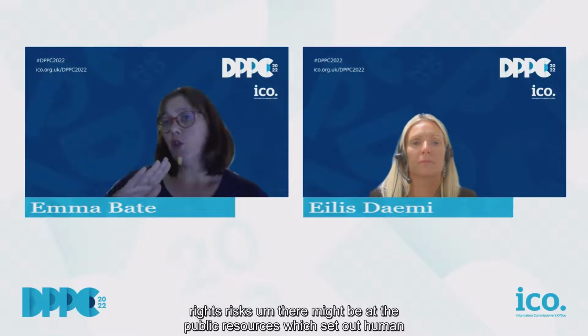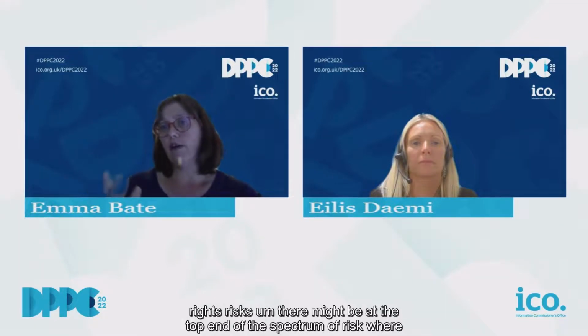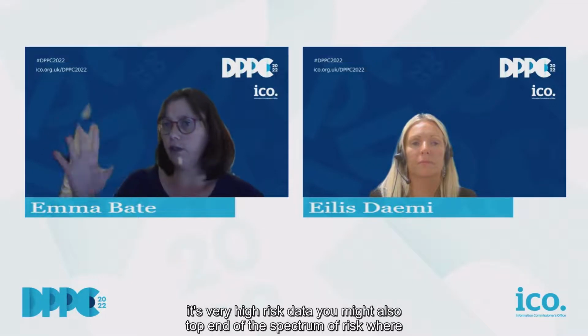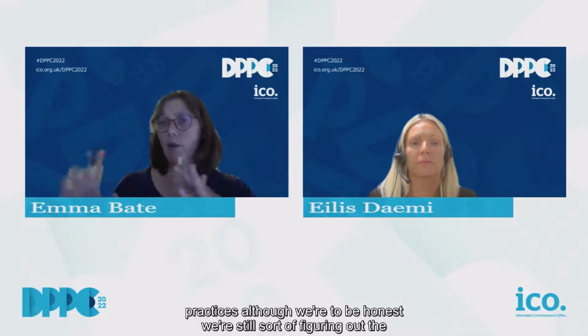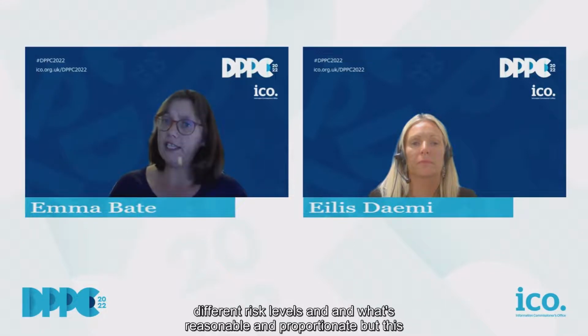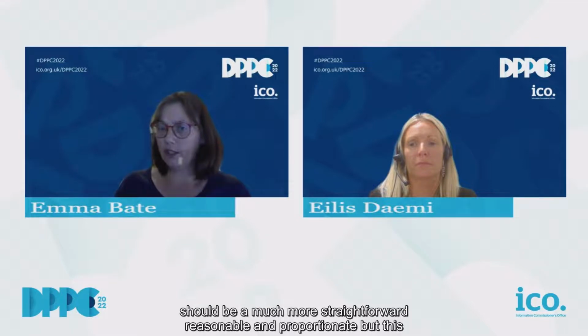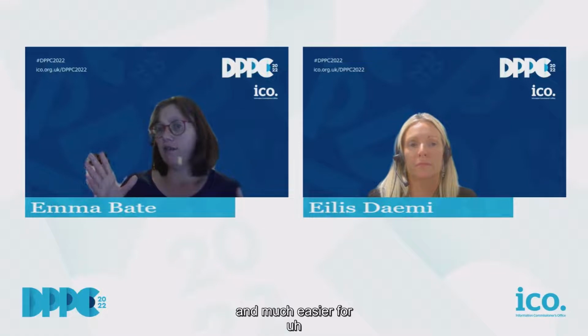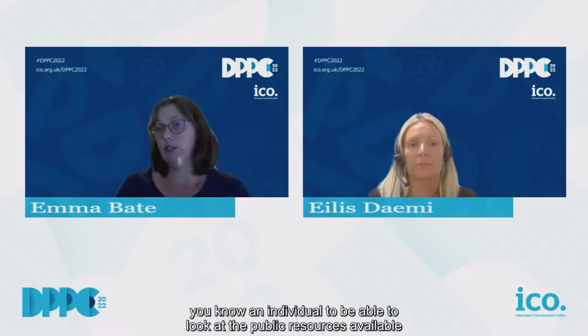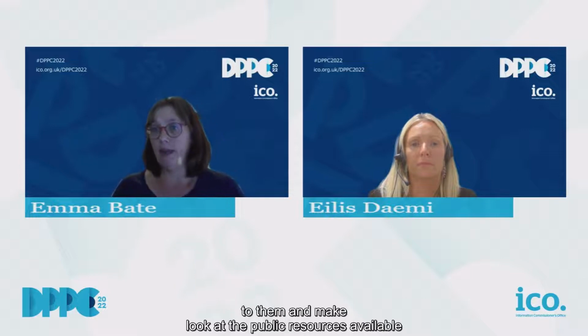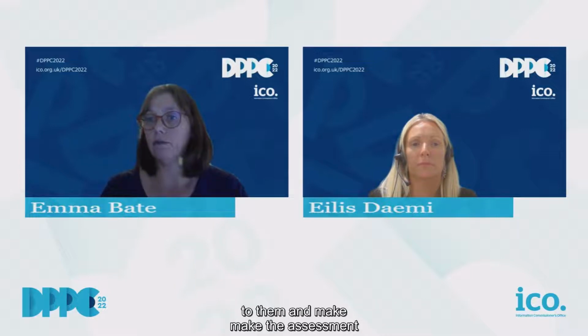At the top end of the spectrum, where it's very high risk data, you might also need to look at some of the laws and practices, although to be honest we're still figuring out the different risk levels and what's reasonable and proportionate. But this should be a much more straightforward assessment, and much easier for an individual to look at the public resources available to them and make the assessment themselves.